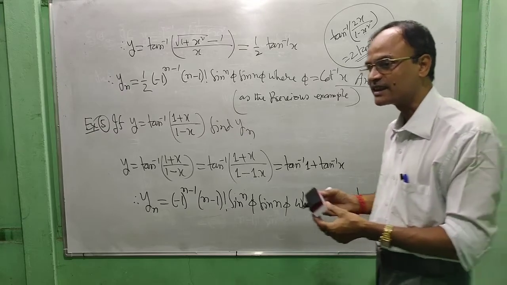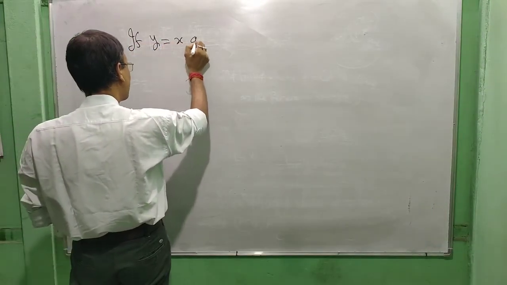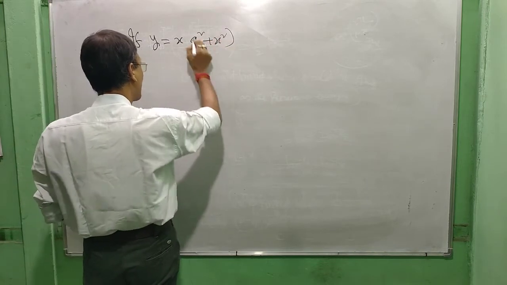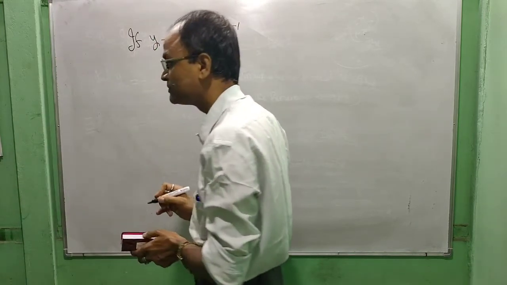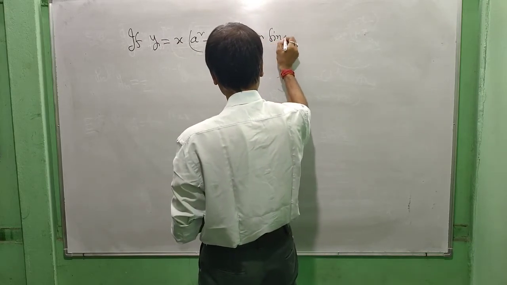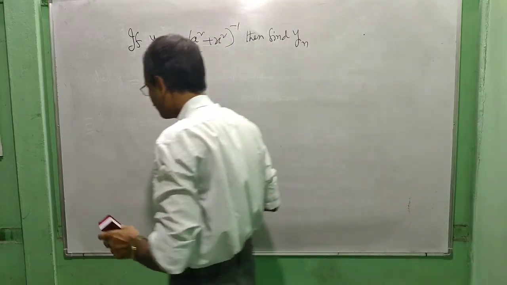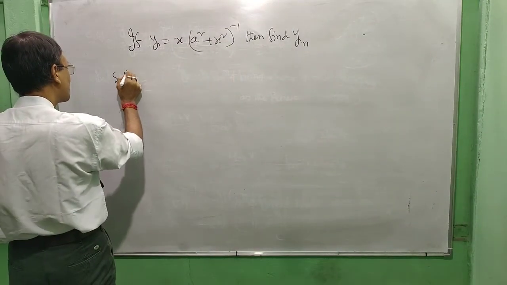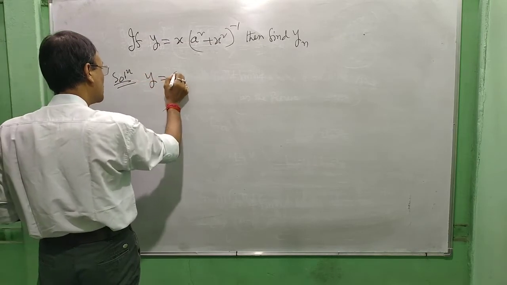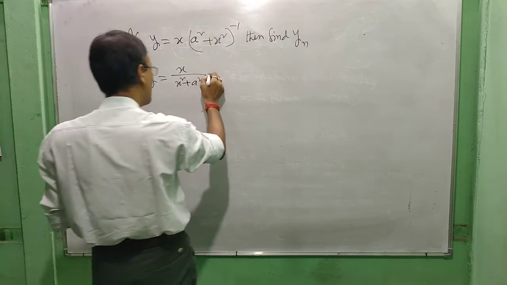Let us take another example. If y is equal to (x square plus a square) whole to the power minus 1, then find yn. Y equals 1 divided by (x square plus a square).